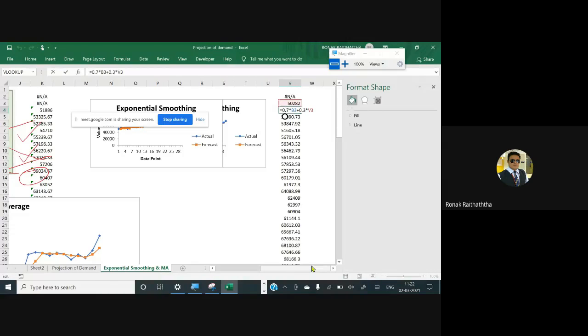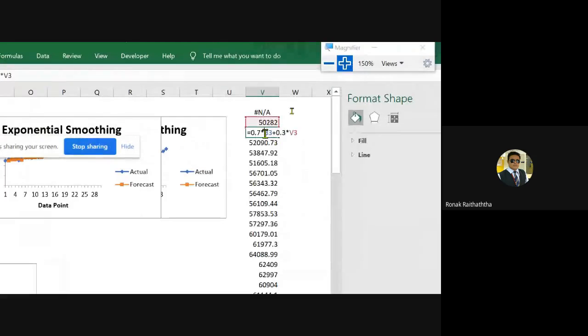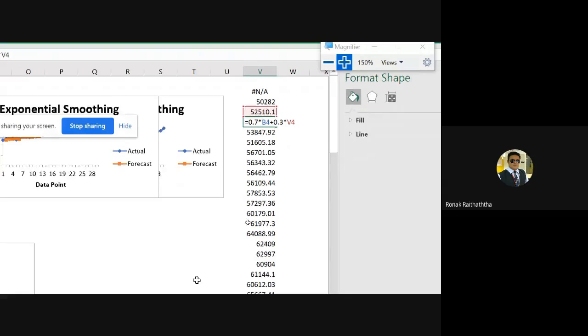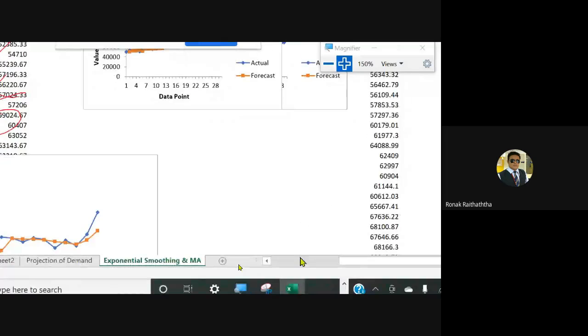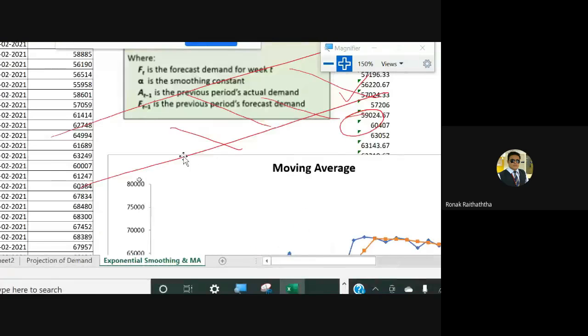So previously forecasted value was 5282. Let me use the magnifier so that you get it in a better way. See? So previously forecasted value, it has given a 0.3 weight. For the next one as well, you may check it, that 70% of the weight is given to the current value, which is B4, the actual value, right?